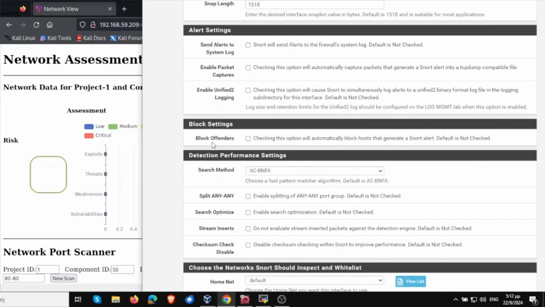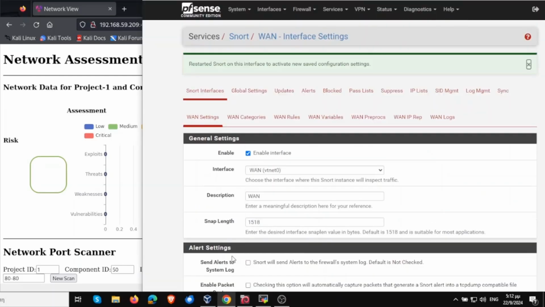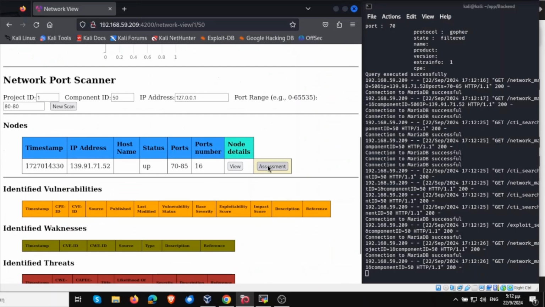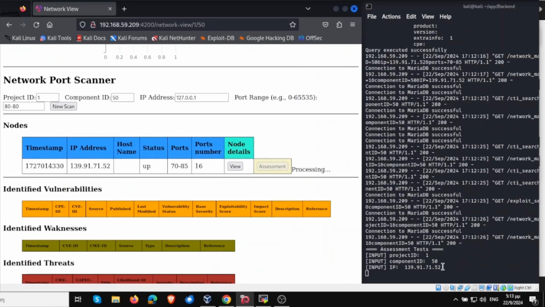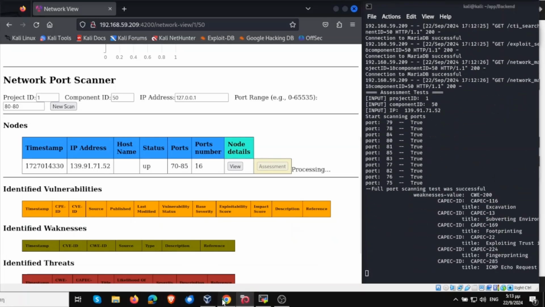The IDS is initialized with a simple rule, which can identify the port scanning test of the SecOPERA Network Assessment Toolkit. The assessment starts. The IDS-IPS identifies the port scanning test as malicious activity and blocks the IP address of the SecOPERA platform.